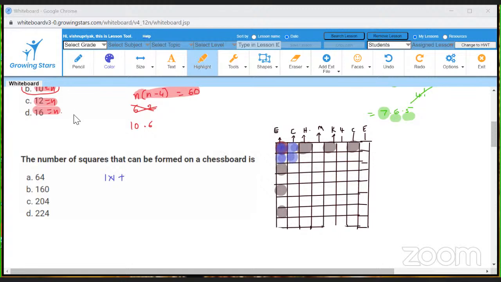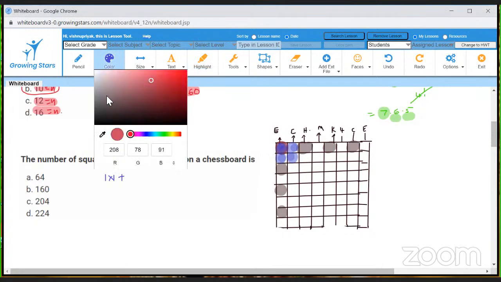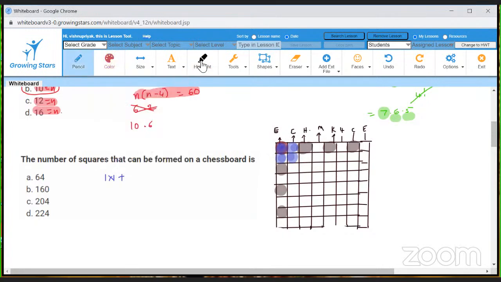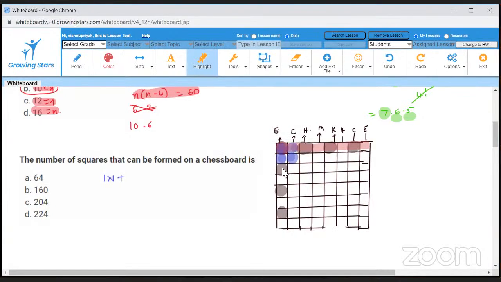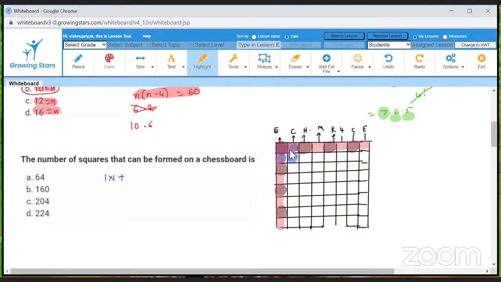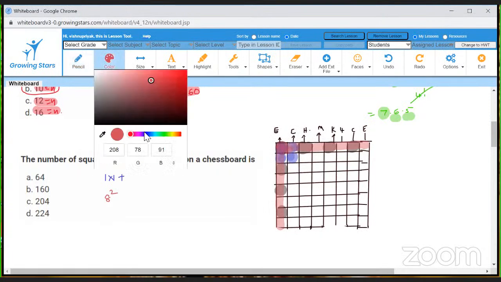What Rakshita did, that I am telling you. In the first case, red color. If you take all these 1 rows and 1 rows, 1 by 1, total 8 into 8, that is 64 squares will be formed.